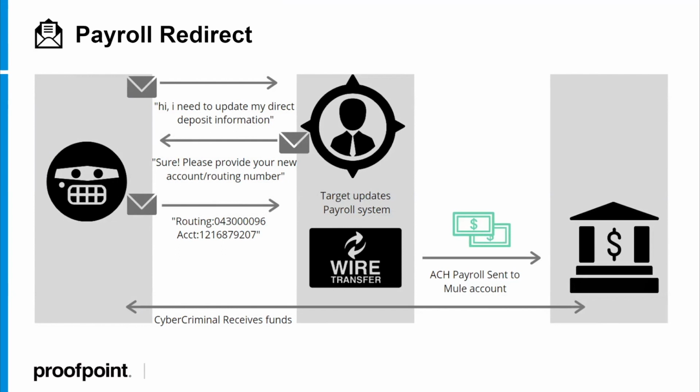But this is the type of attack that we see very regularly. The threat actor emails, it says, "Hey, I need to update my direct deposit information." The HR representative says, "Sure, send me your new information." They update it, and then the next time direct deposit hits, it goes into the cyber criminal's account instead of the legitimate employee's account.